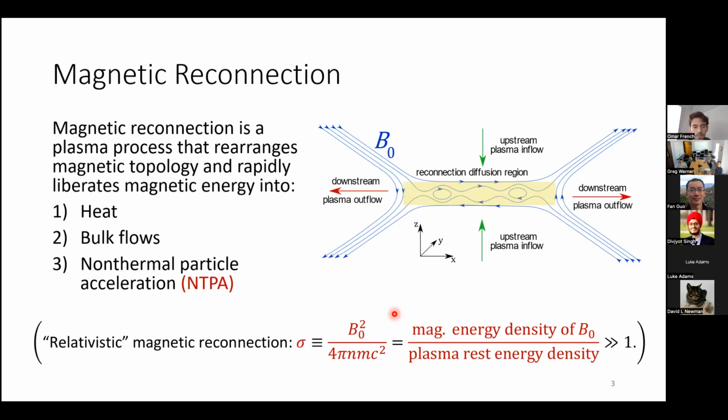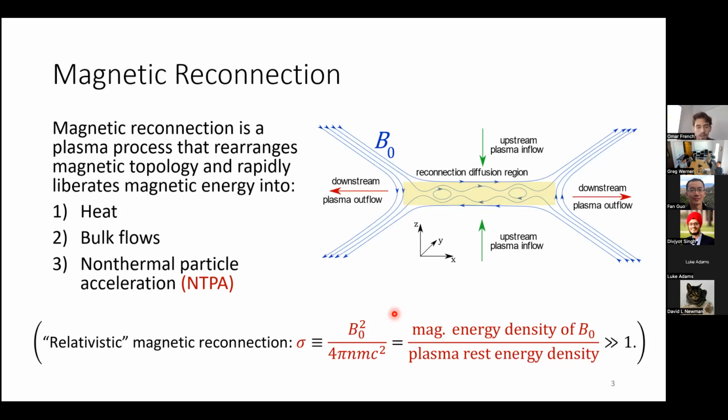And so I've shown a figure here, sort of a cartoon of magnetic reconnection. In this figure, we have B0, which is the reconnecting magnetic field shown in blue. Within this diffusion region, particles are flowing in, and they are accelerated out of plane by an electric field induced by Faraday's law from the reconnecting magnetic field topology.